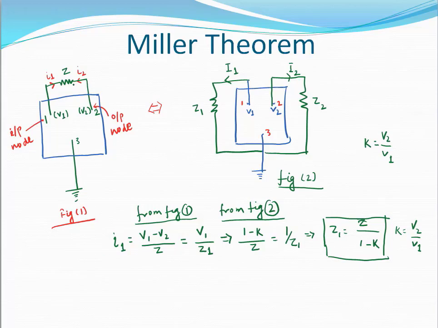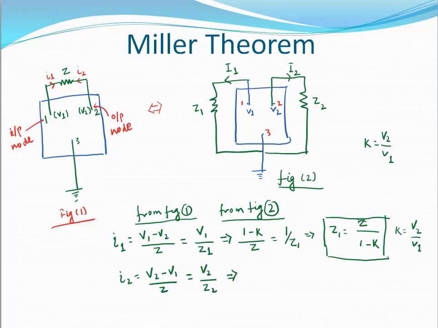So from figure 1, I2 is equal to V2 minus V1 by Z, and from figure 2, I2 is equal to V2 by Z2. So it is V2 by Z2.